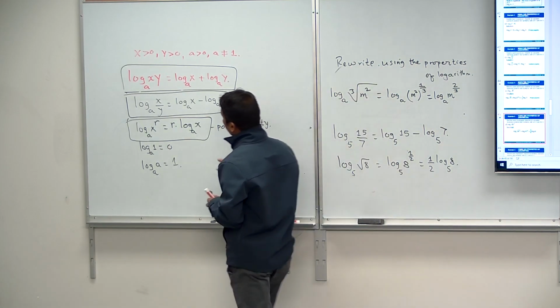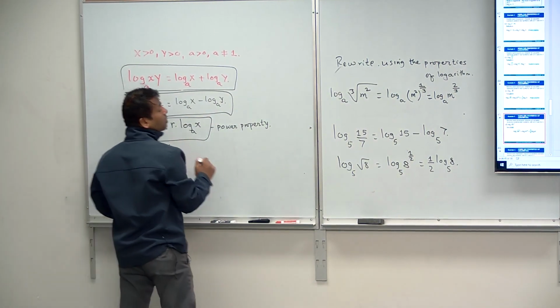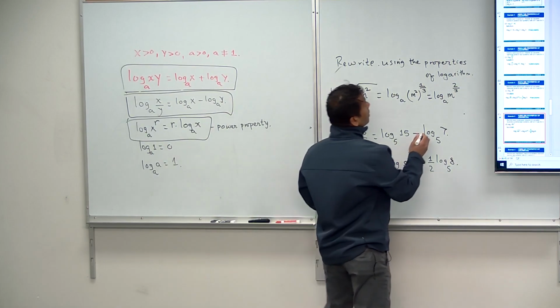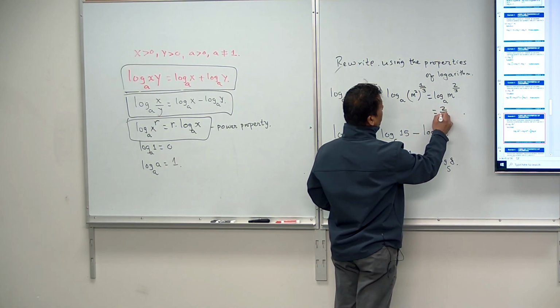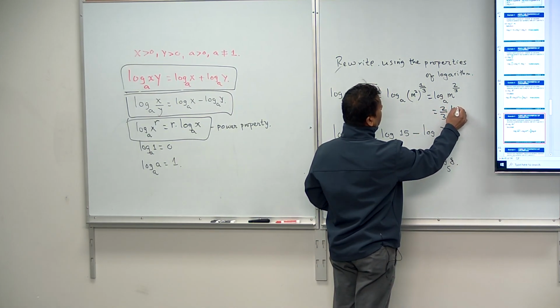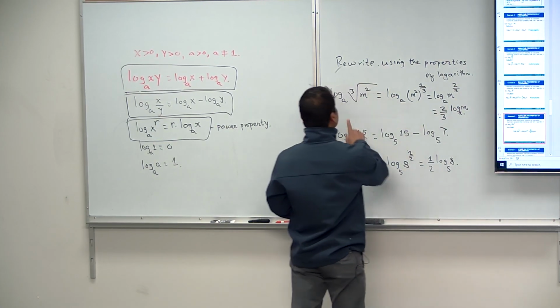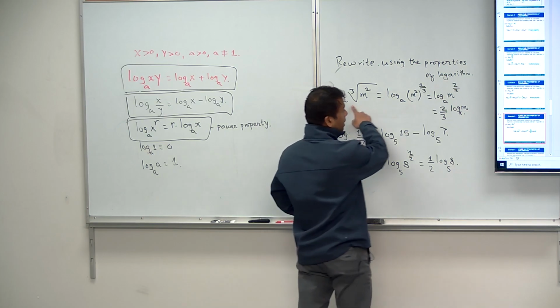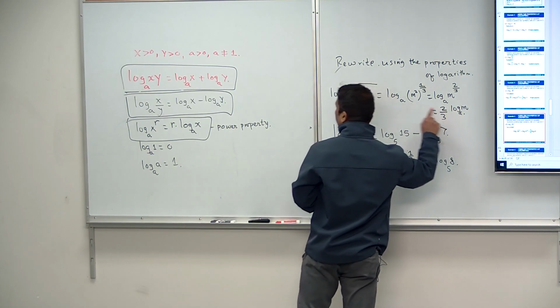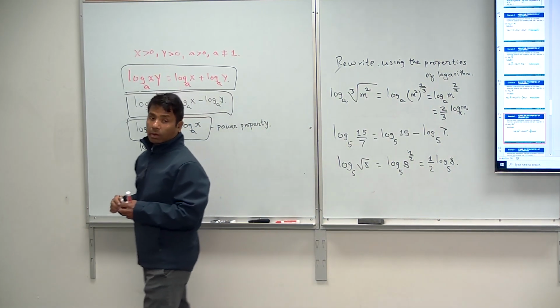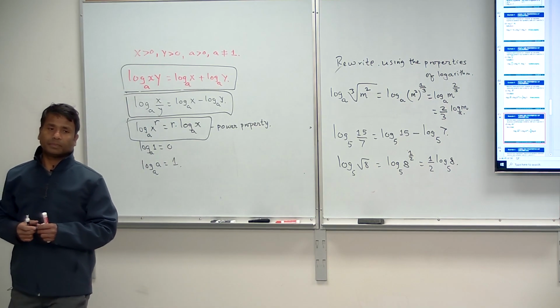But use the power property. If you use the power property, this is the same as 2/3 logarithm with base a of m. So you can rewrite this in this form using the power property.